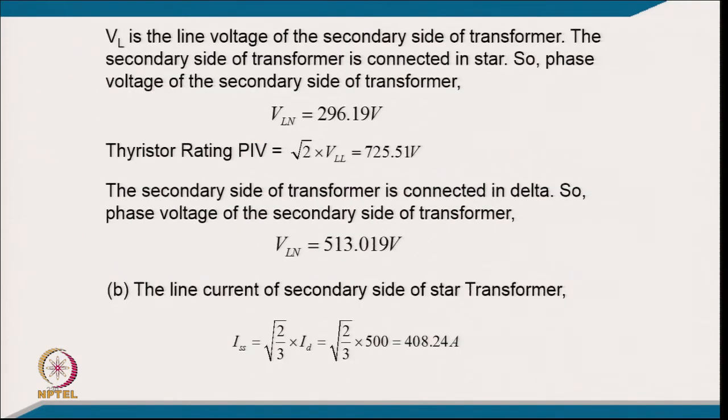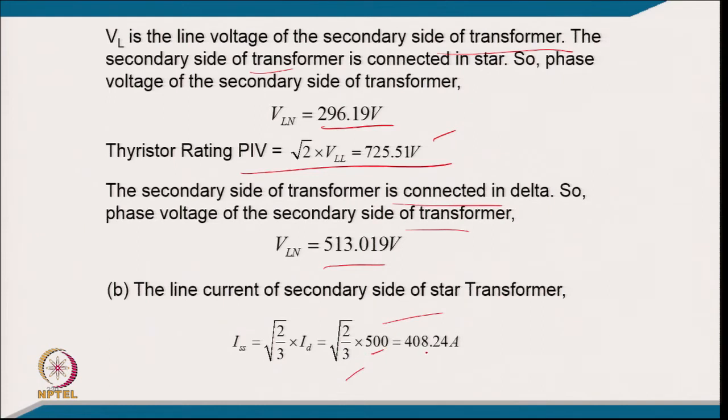So, the line voltage of the secondary side divided by root 3 gives you 296.19, and the peak inverse voltage of the thyristor is root 2 times the line voltage, that is 725.51 volt. With the secondary side of the transformer connected in delta, the phase winding voltage is 513.019, and the current in the secondary side will be determined where the DC link current is given as 500 ampere.